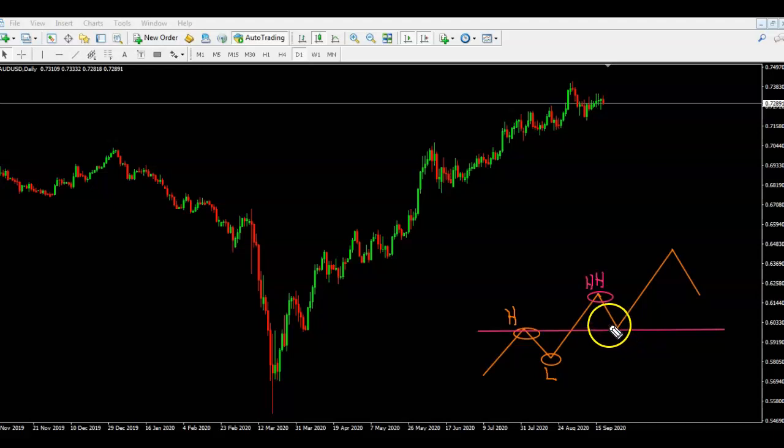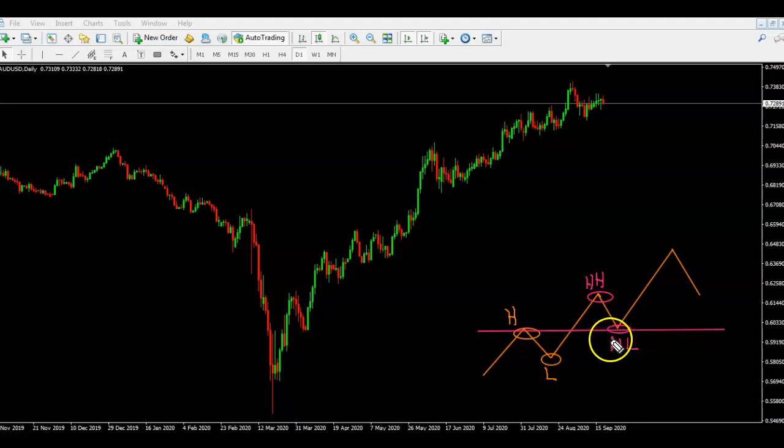So guess what this area is called? Exactly, I can almost hear your voice. It's a low, but it's going to be a higher low. This is when a lot of people get a little bit confused. This is going to be called a higher low because it's higher, but in this case it's a low.